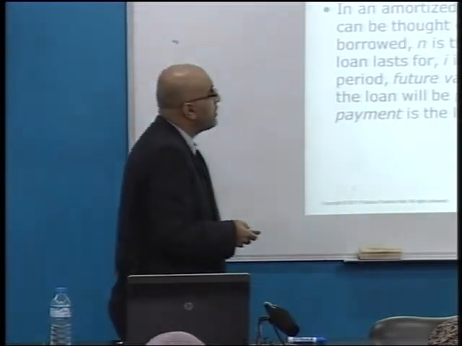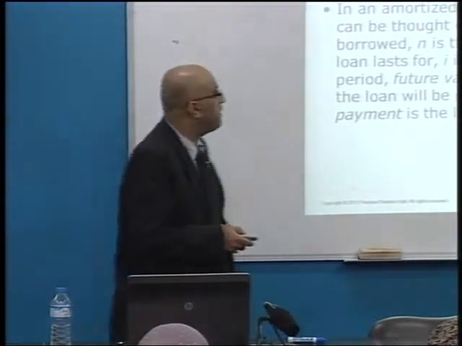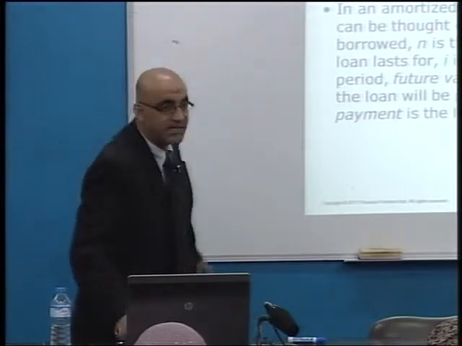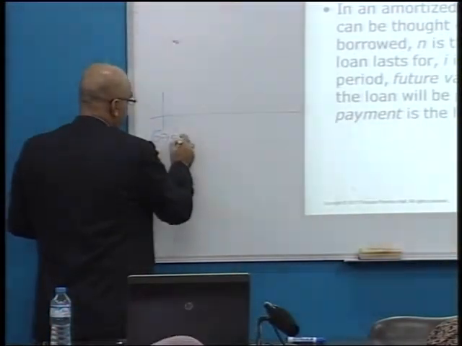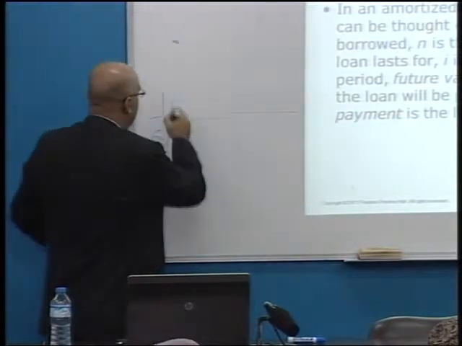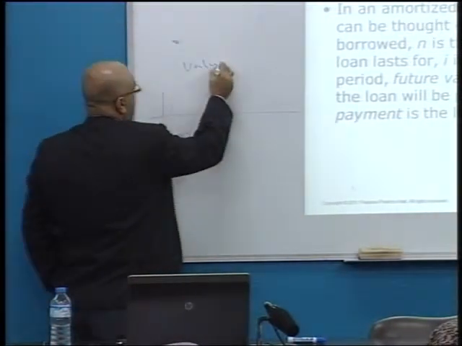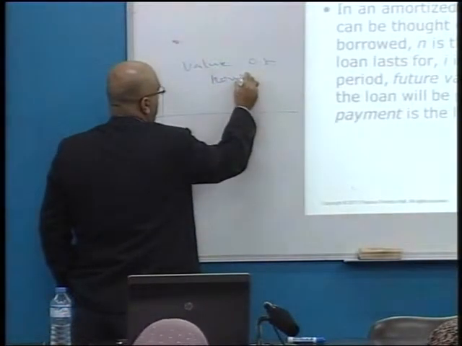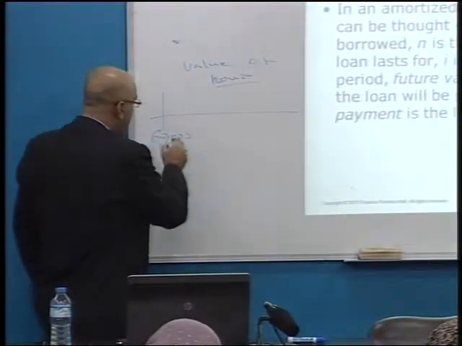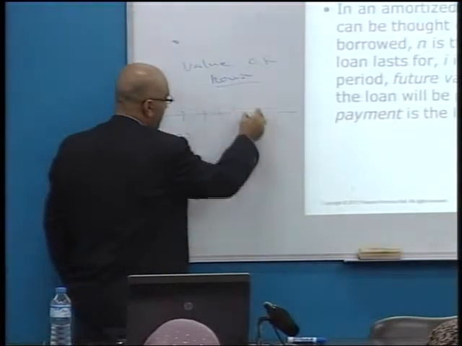In an amortized loan, the present value can be thought of as the amount borrowed. As I said here in this case, $60,000 is the value of the house, for instance, and we want to pay it off in regular payments.